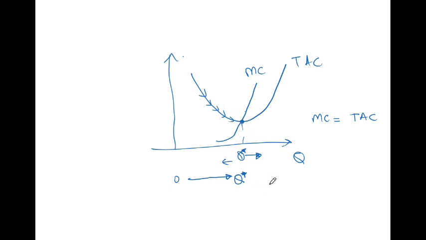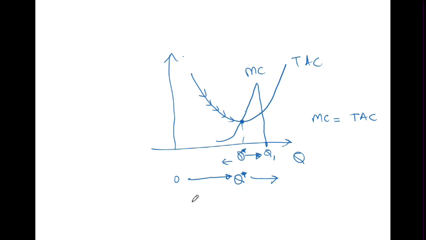But beyond this point Q star, deciding to produce, let's say, this Q1 would result in the marginal cost being greater than the average cost, therefore pulling the total average cost curve up, and that is what a firm does not want.